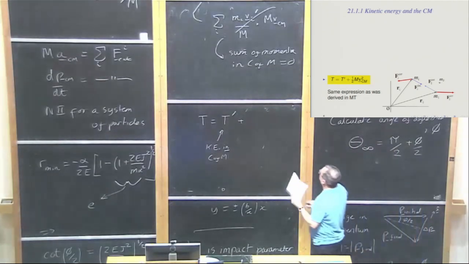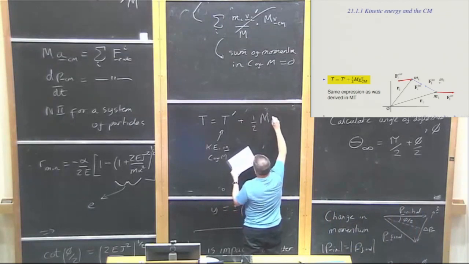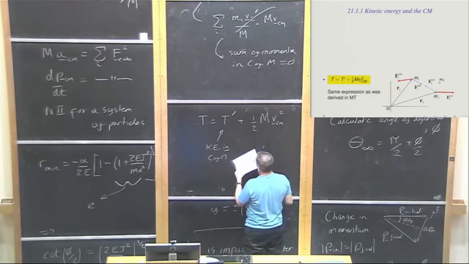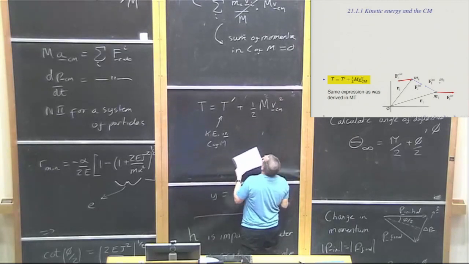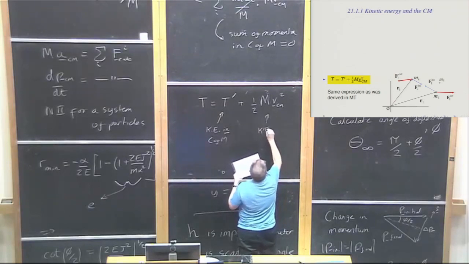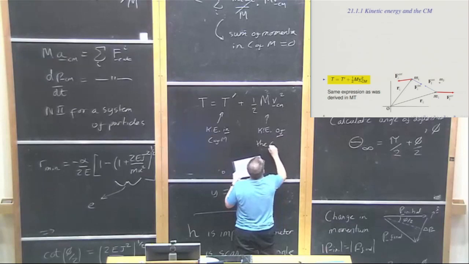And so that just gives a half big M v_CM squared. Okay, so this is the KE of the centre of mass.